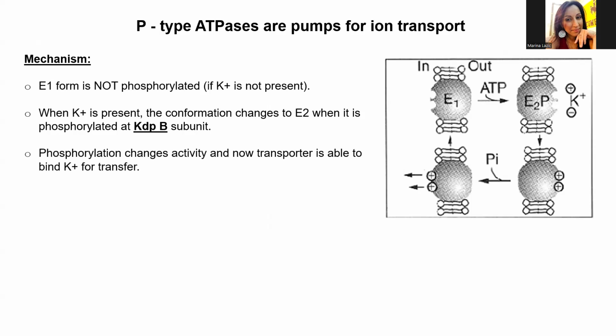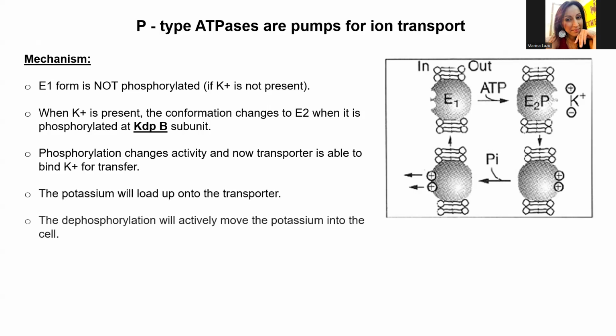Now, when the transporter goes from E1 to E2, the activity of the transporter changes, which means it will be able to bind potassium. Potassium will be able to bind only if the unit is phosphorylated on KdpB, and potassium loads onto the transporter.